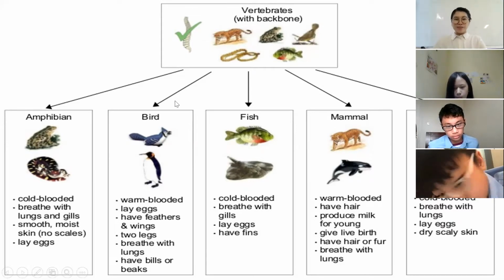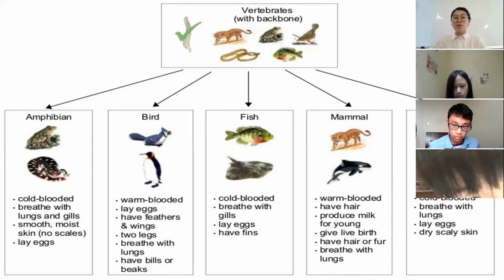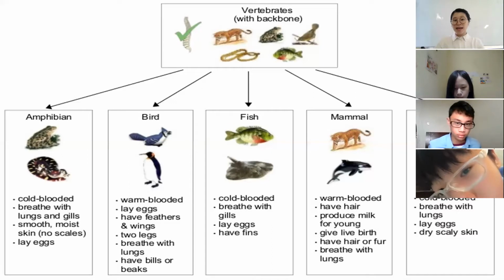Amphibians are cold-blooded, they breathe with lungs and gills, and they have smooth and moist skin, and they also lay eggs. For the bird, I know you are already familiar with these characteristics. Again, they are warm-blooded, they lay eggs, and of course, they have feathers and wings.